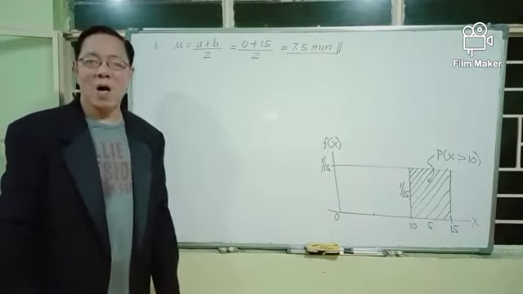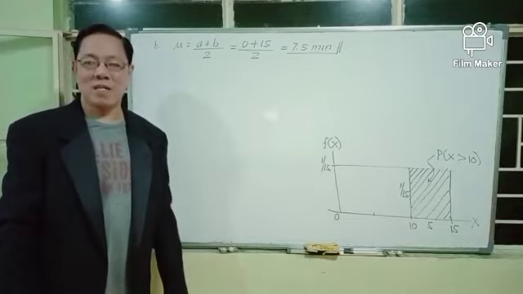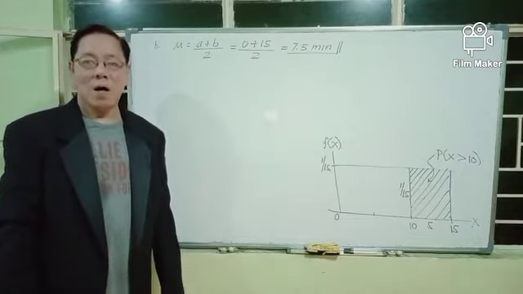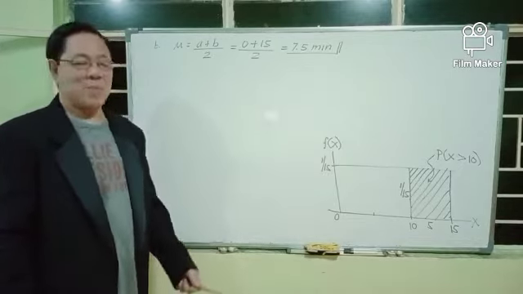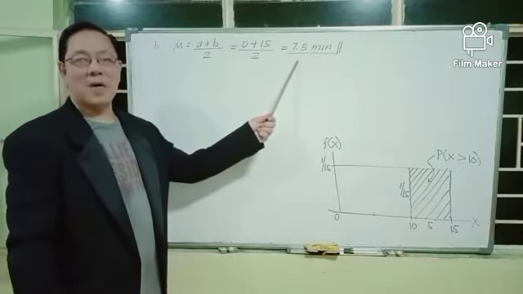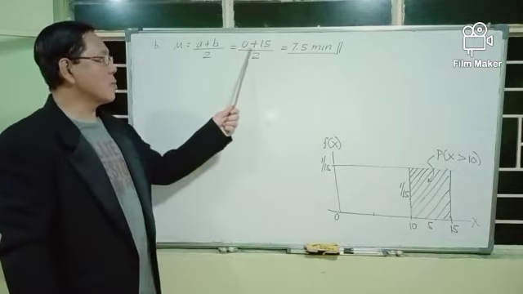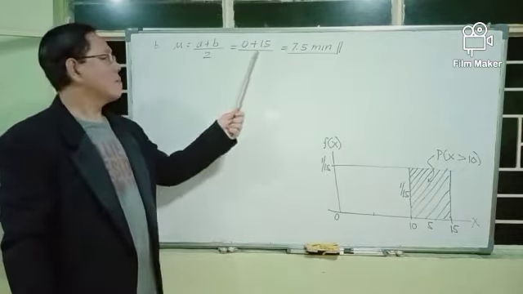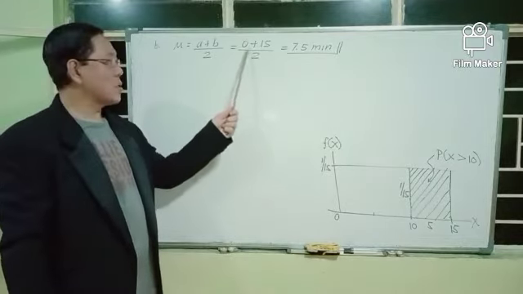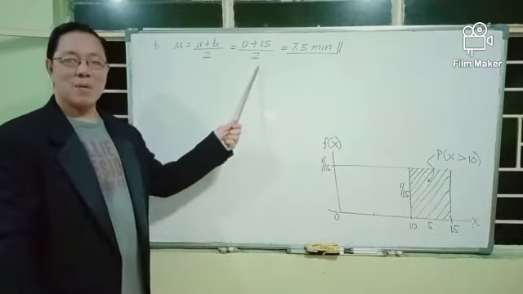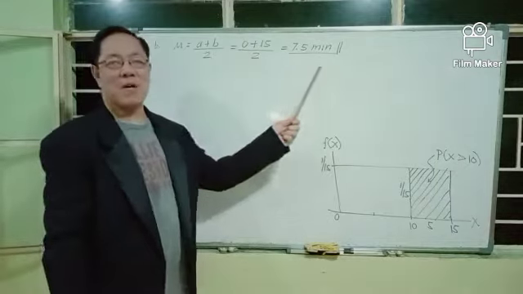Hence, the mean of the continuous random variable x representing the waiting time of a person for the next bus to arrive is 7.5 minutes. A is 0 plus B 15 all over 2. 0 plus 15 is 15, divided by 2 is 7.5 minutes.